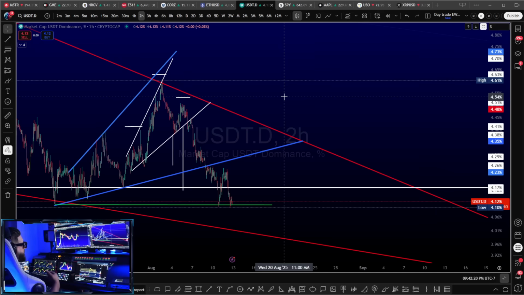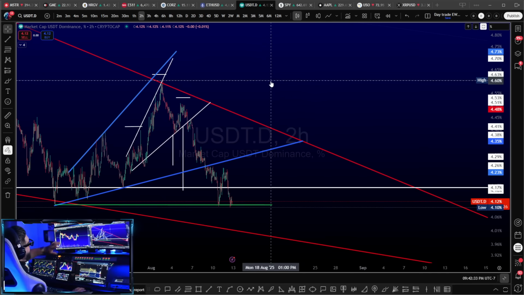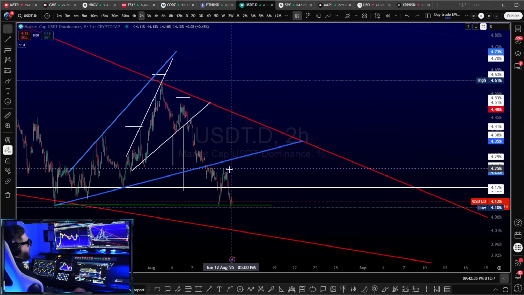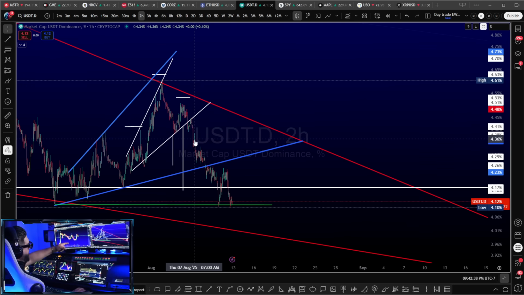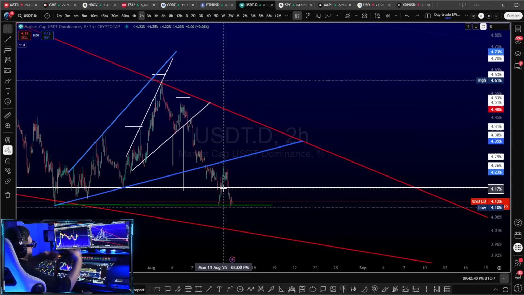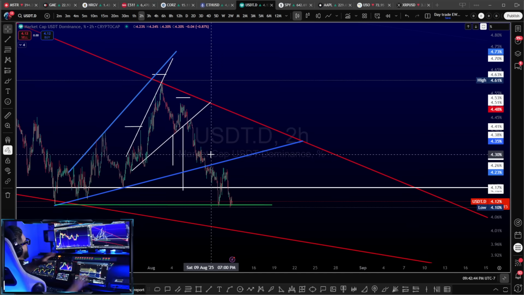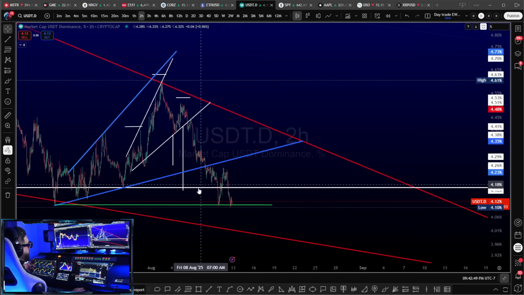Now when a massive amount of people spend and buy Bitcoin or XRP or XLM or whatever, that is exit liquidity from USDT, the stablecoin, and that would be the liquidation of it. Downside, because people are exiting their USDT to purchase the asset. So now as people exit their asset and bring USDT back, Tether is likely going to go right back up. So this is what we're observing here.